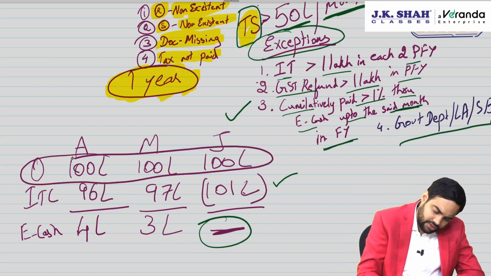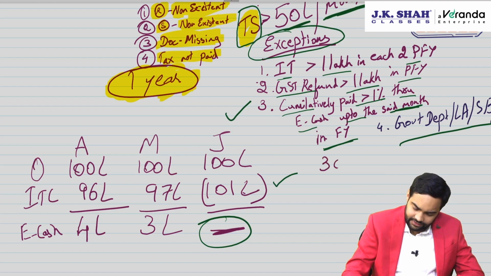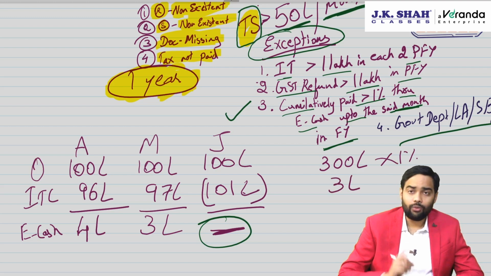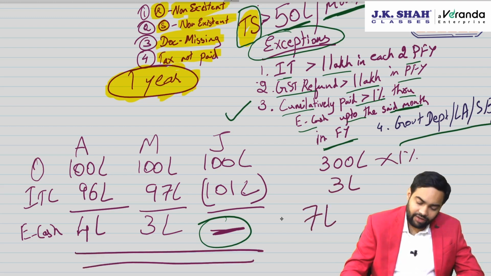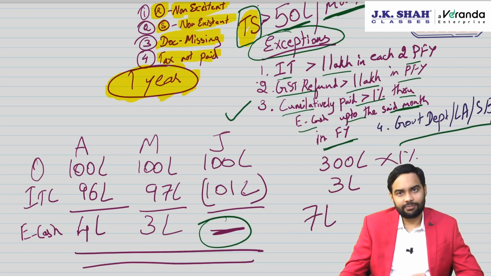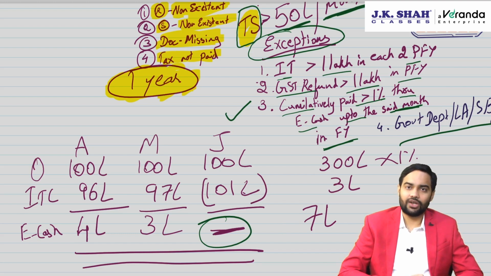Do the total. Total output is 300 lakh. Now 300 lakh into 1%. How much is 300 lakh into 1%? 3 lakh. How much have I already paid through eCash up to the said month? 7 lakh. Have I already paid more than 1% through eCash ledger up to the said month? Then in that case, the restriction under rule 86B will not apply. This can be asked as a case study question.